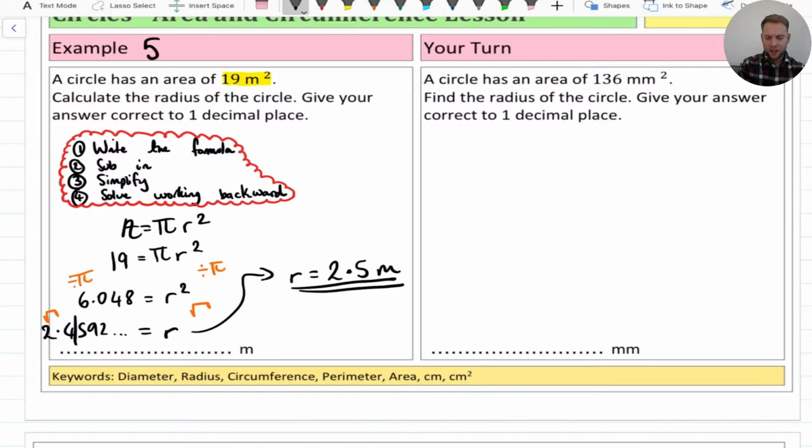Okay, have a go at that question on the right-hand side. Have a go at the question on the right-hand side. So have a go at that question on the right-hand side.